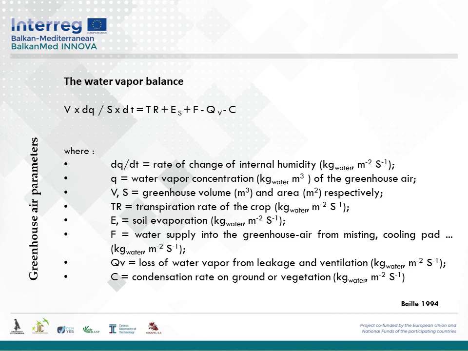However, this is a long equation, and for practical reasons we should shorten it by several assumptions, such as that during daytime the greenhouse water balance depends mainly on the evapotranspiration and on the loss from the ventilation. Condensation is seldom during the day, but it should be considered during the nighttime.